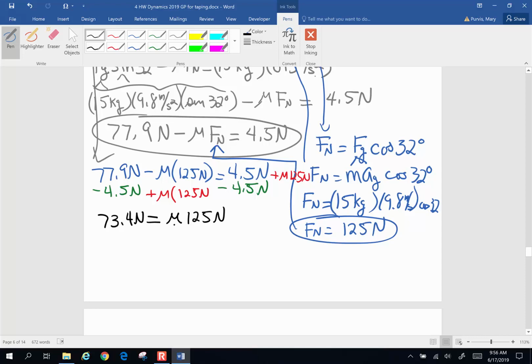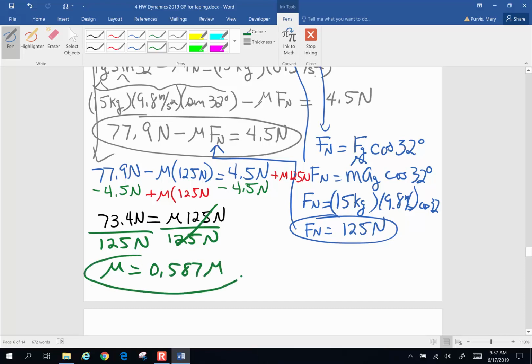To get mu alone, I'm going to divide both sides by 125 newtons. So mu is going to be equal to, I get for mu, 0.587. There's no units on mu. I was having a moment of wackiness. So that's going to equal my mu.